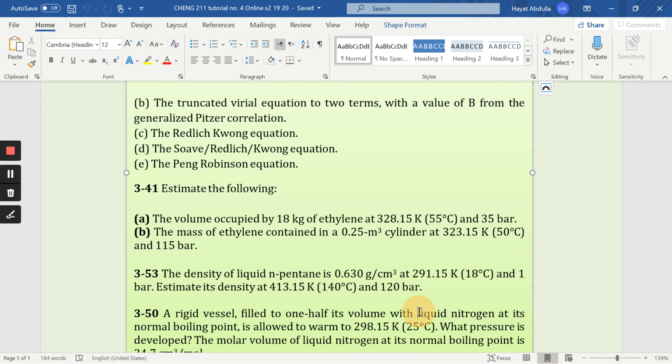And the pressure that was given in the model answer was written as P2, but it's supposed to be P1. So it's only swapping. If you know this information, I don't think 317 will be difficult for you to understand. It was just a mistake in the model answer of Smith. That's it.